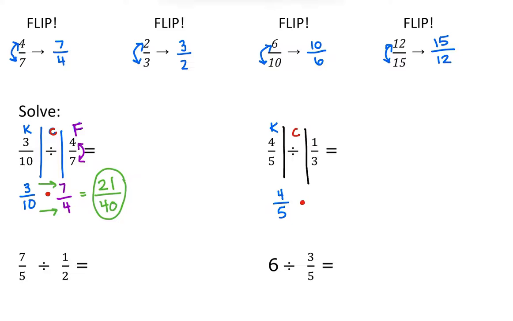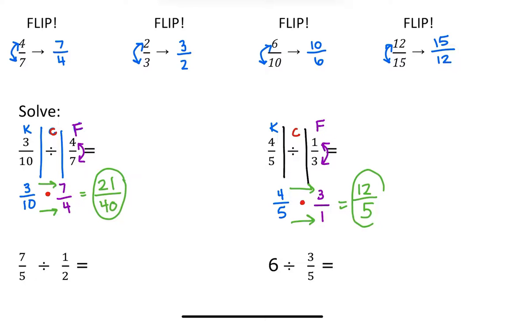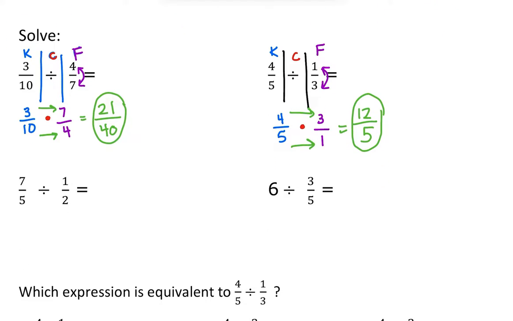And then I am going to flip my reciprocal and get 3 over 1. Now I'm multiplying top times top, bottom times bottom, and 4 times 3 is 12. 5 times 1 is 5. So this is an improper fraction, but since we don't have multiple choice, we're going to leave it just like that. So I know it looks kind of weird with the top number bigger.